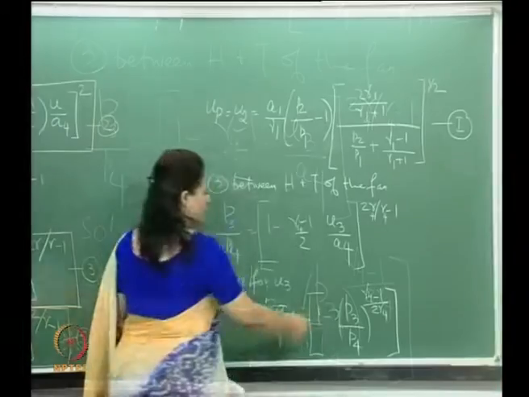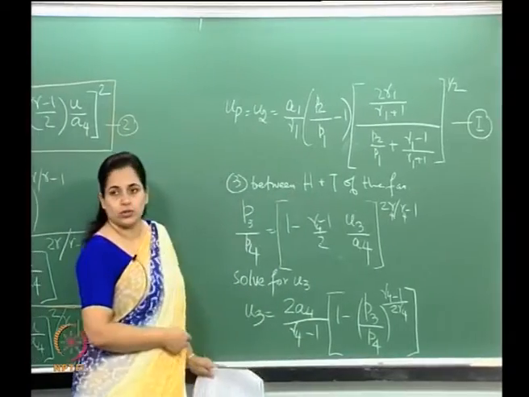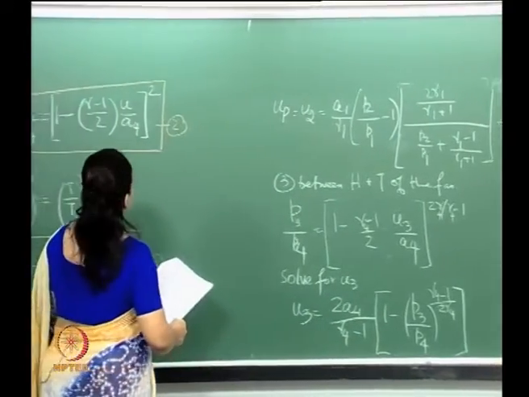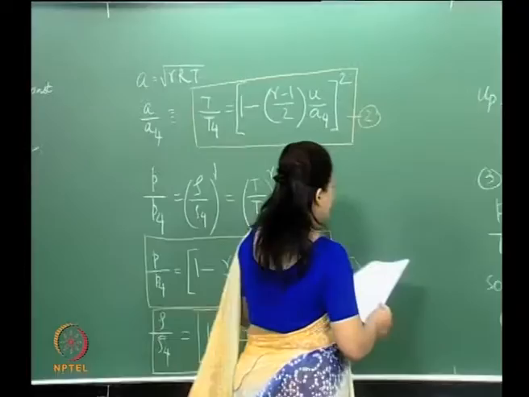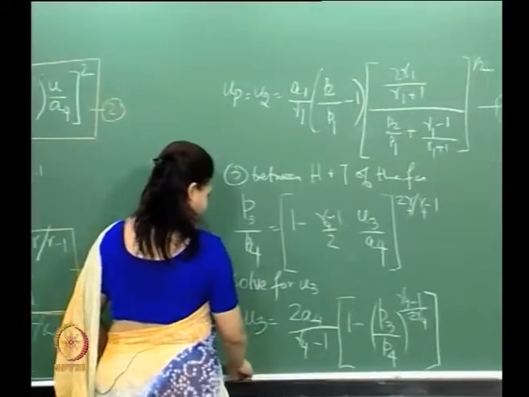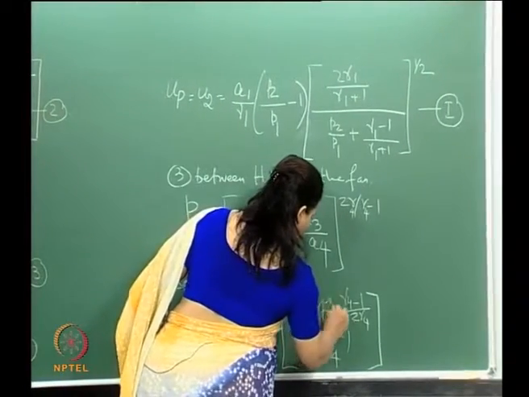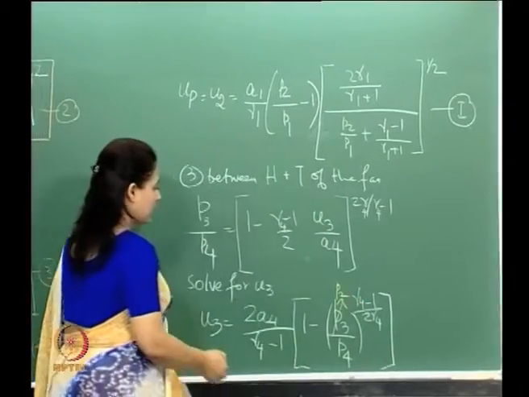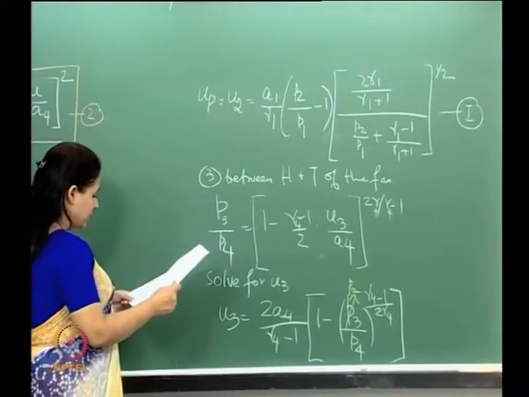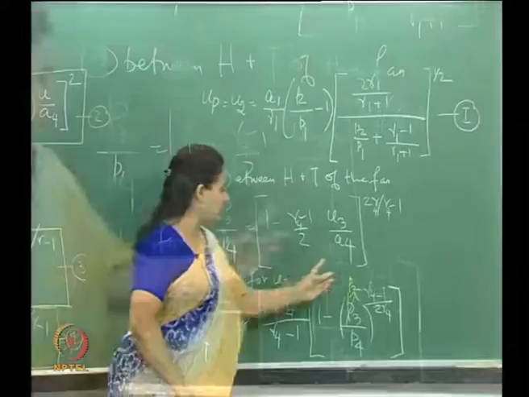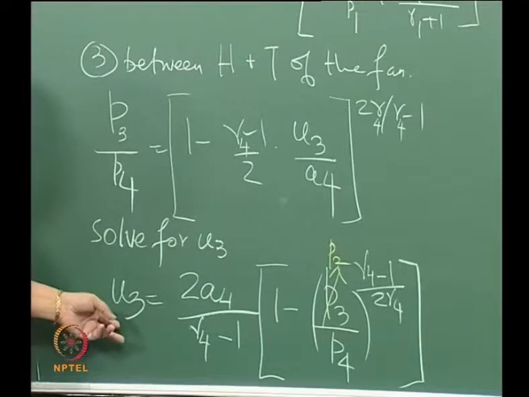But of course, we know that P3 is equal to P2, because this was the contact surface, we said that there. So here P3 is of course equal to P2 as well. So essentially, this becomes the relationship.